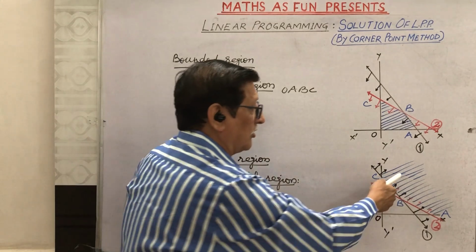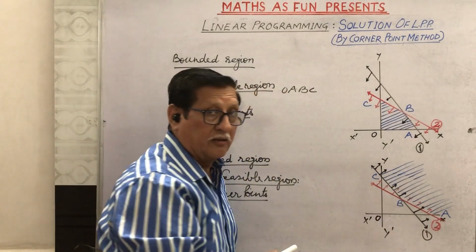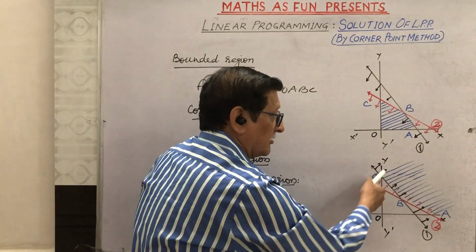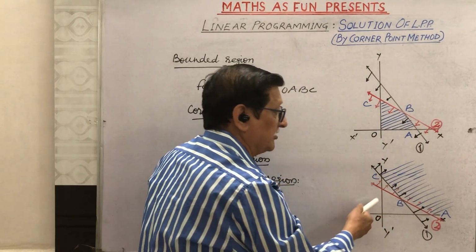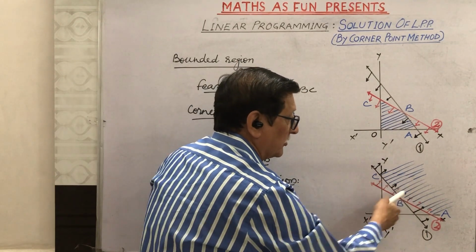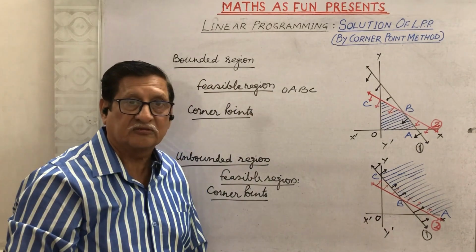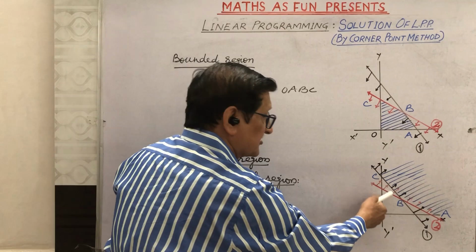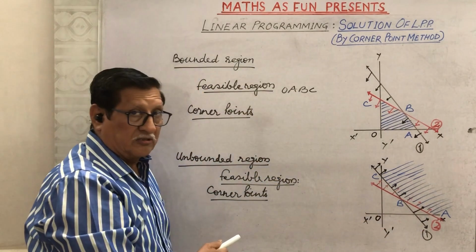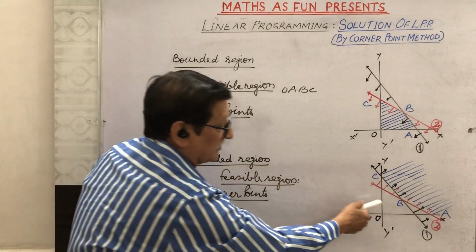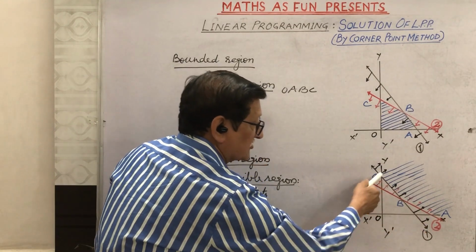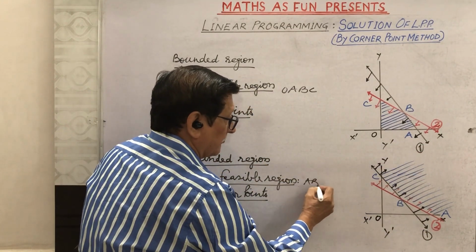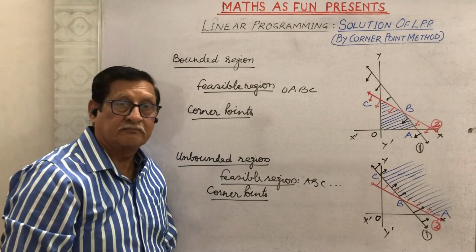And when we see the common solution of them, the region which satisfies both the inequations is unbounded. This is outside, away from this. So here we find the feasible region is an unbounded region, and that is here A, B, C and all.